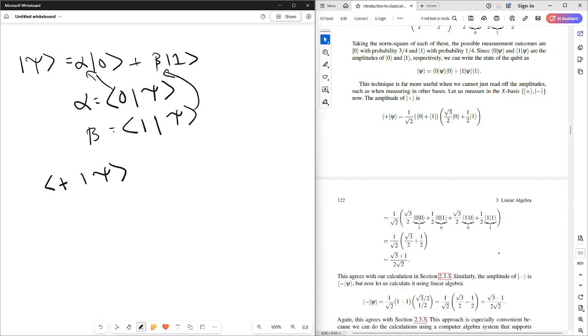So let's just work through this. So that's equivalent to 1 over square root of 2 bra 0 plus bra 1, and our original psi with the various amplitudes that we have here.